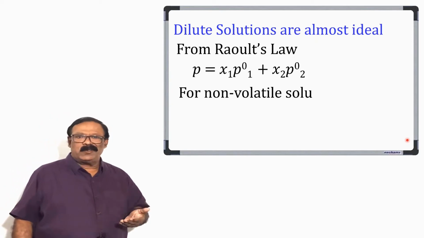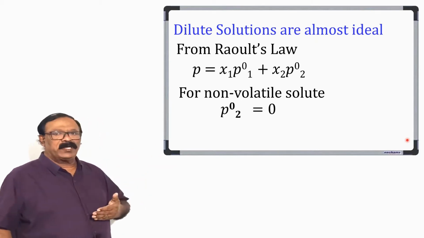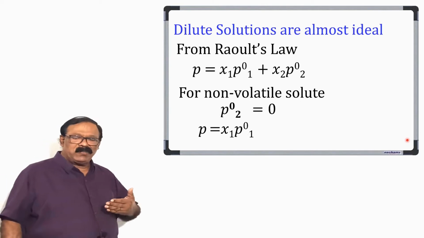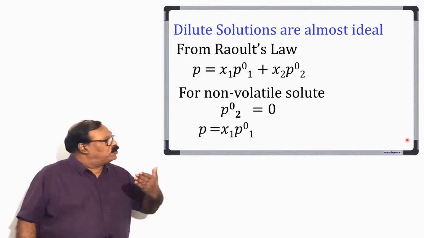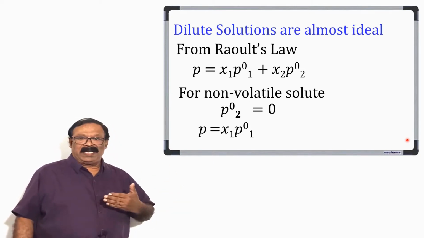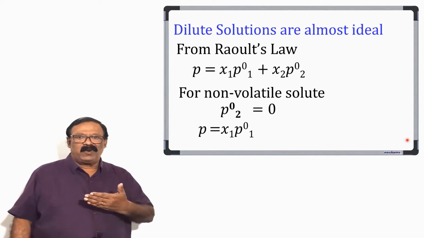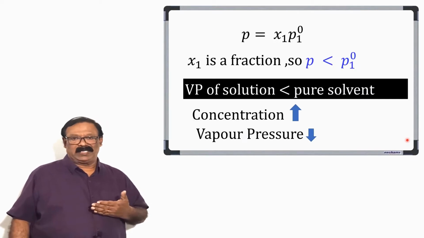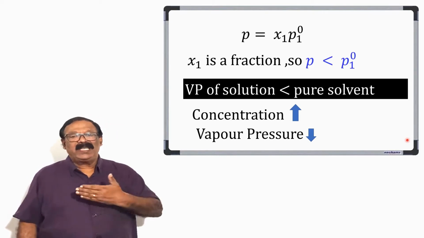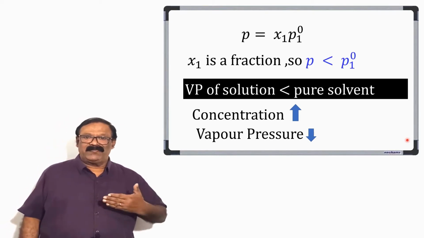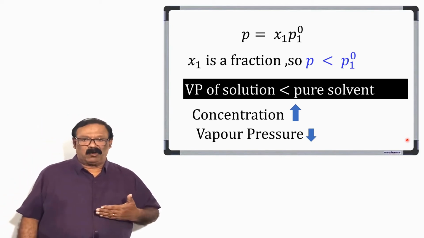Here, since the solute is non-volatile, P02 will be 0, and the second term in the equation will disappear, and the equation becomes the total pressure of the solution P will be equal to x1 P01. And x1 is the mole fraction of the solvent, P01 is the vapor pressure of the pure solvent. Since x1 value will be less than 1, P will be always less than P01. That is, vapor pressure of the solution will be always less than vapor pressure of the pure solvent.